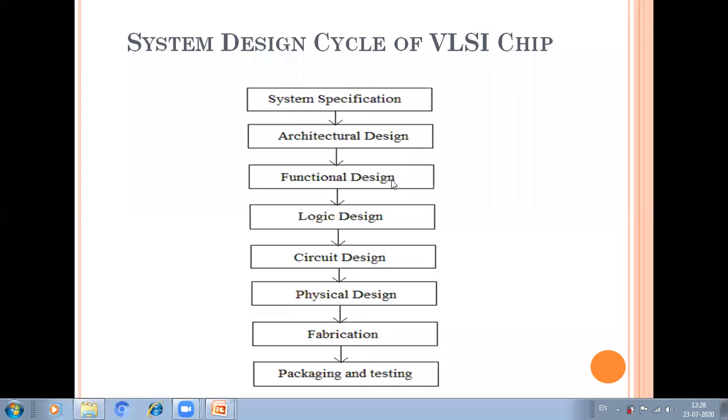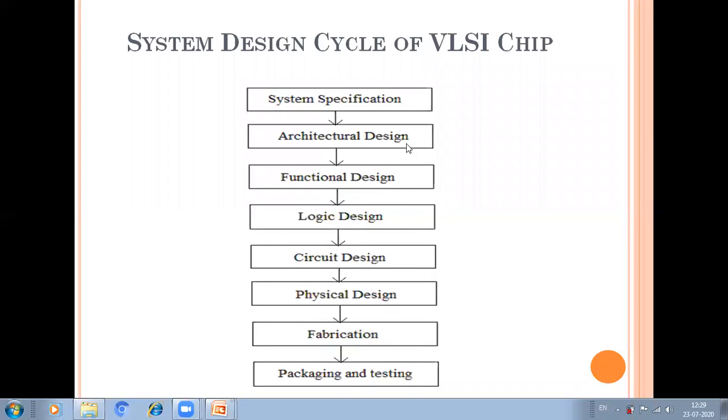So after every stage there is a verification. After selecting the components, you have to verify whether they will meet the desired function of the chip. If they do not meet the requirement of the system, we have to change the specification and the components, and then design the logic design circuit.